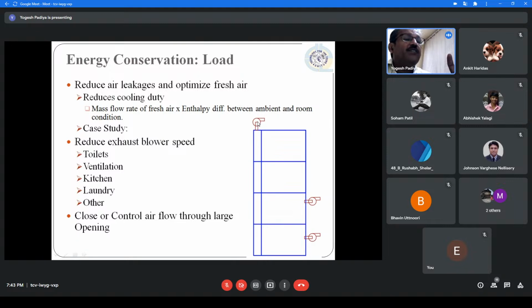Now this fan speed is generally kept full, and if this blower is running at the maximum speed, then it will try to create maximum vacuum at this place, this place, this place, and this place.